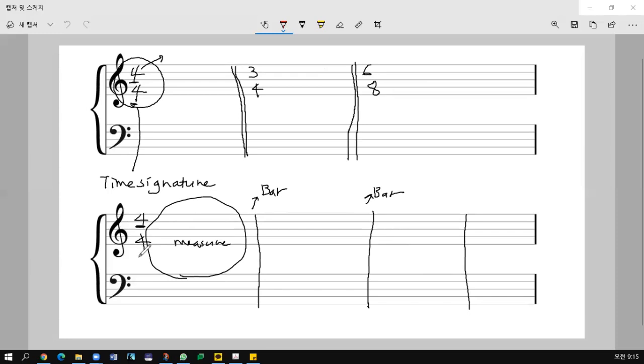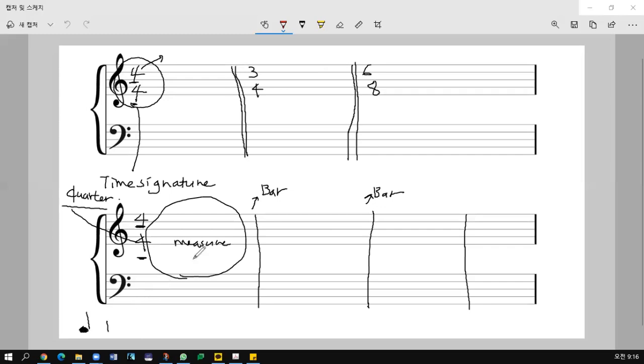And then the lower number is 4, it means quarter. So that means the quarter note receives one count, which is to be given 1 beat.